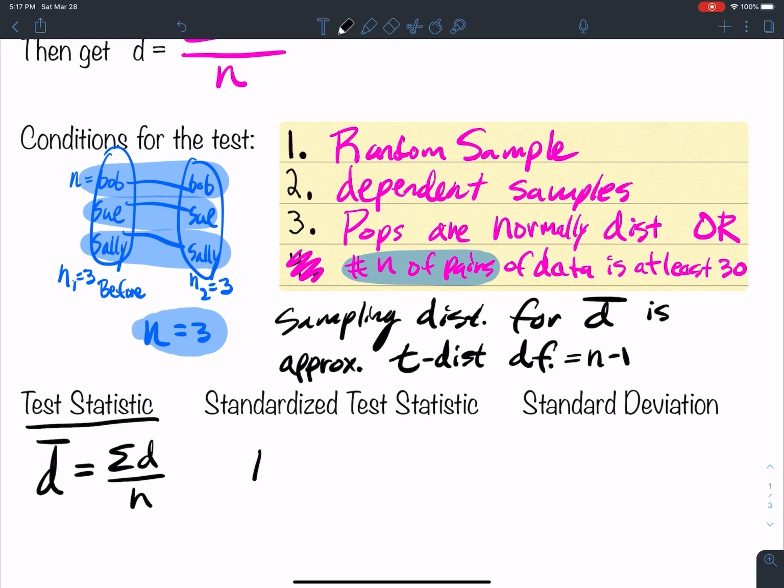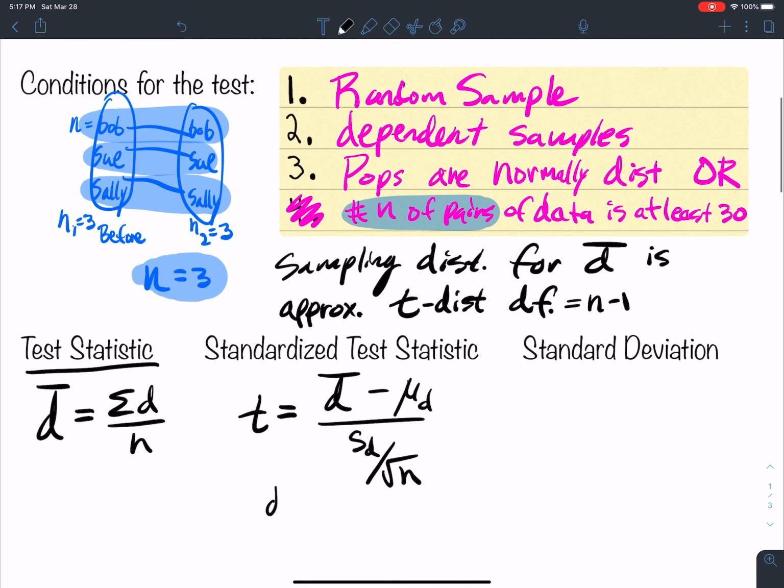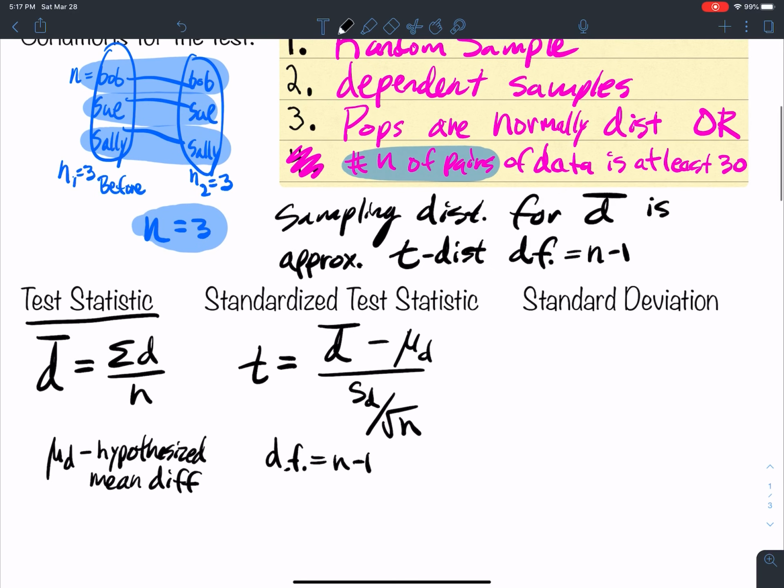The standardized test statistic is t equals D bar minus mu D over SD over square root of n, where my degrees of freedom is found by n minus 1. Mu D is the hypothesized mean difference of paired data in the population.